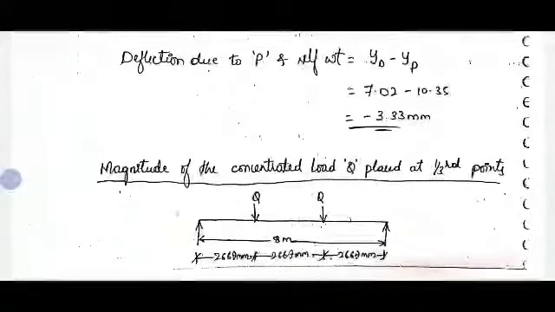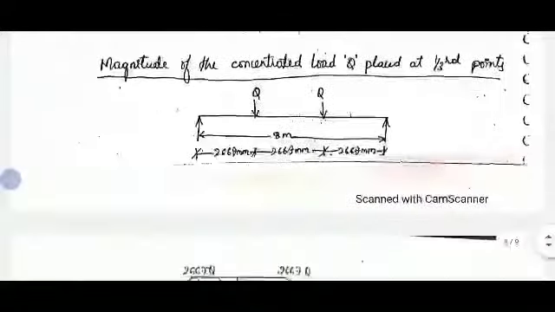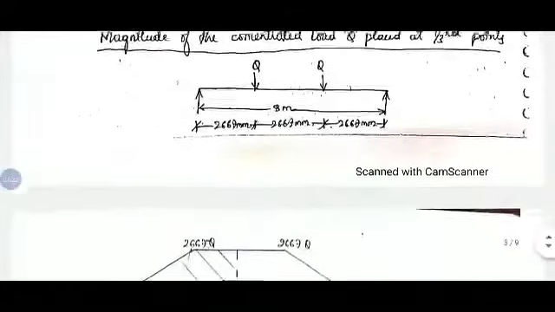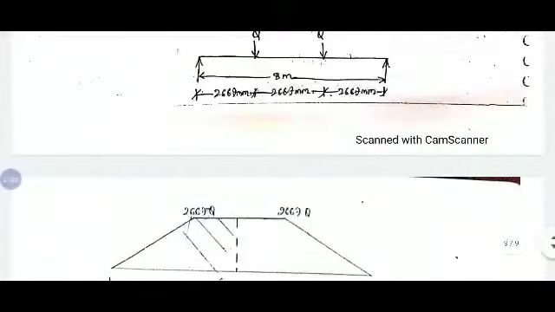That we need to find out. For that, the condition is given, span by 500 should be the allowable deflection. So span is 8000 divided by 500, how much you will get? 40 mm will be the allowable deflection.